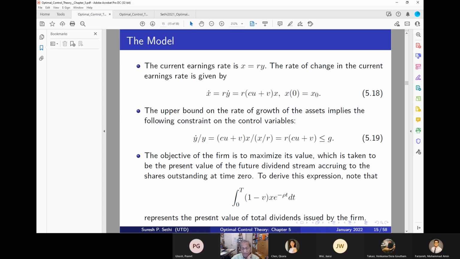So that is the present value of the total dividend issued by the firm to these shareholders. So that must be the value of the firm.